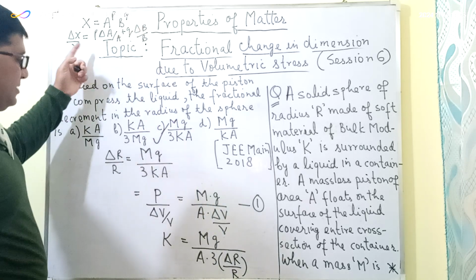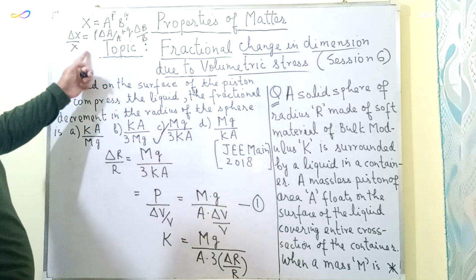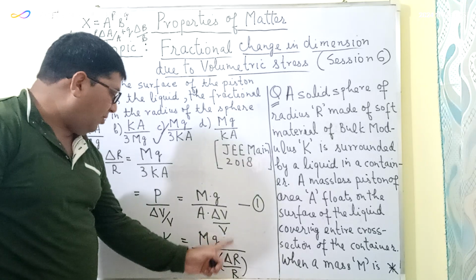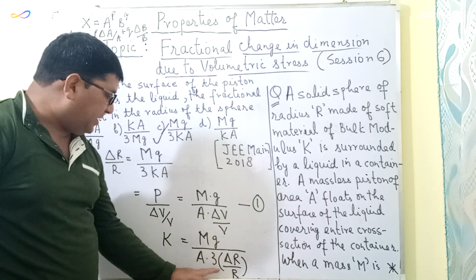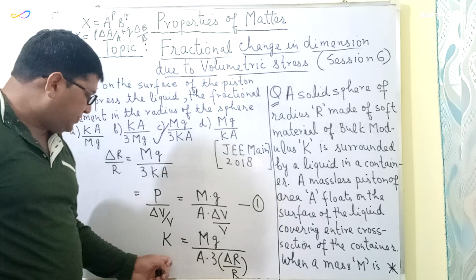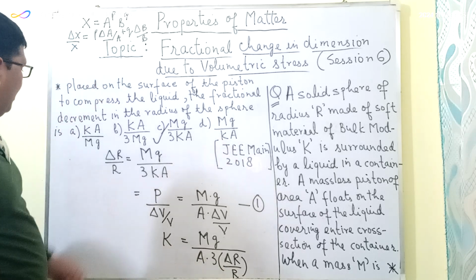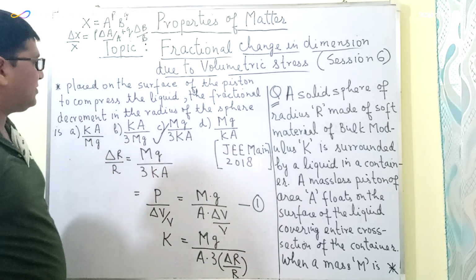By using this relation, we found the value of delta V upon V, which was equal to 3 times delta r upon r. And from this relation, we were able to find the fractional decrement in the radius of the sphere.